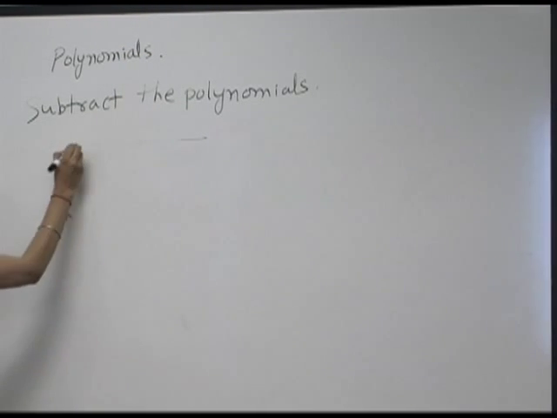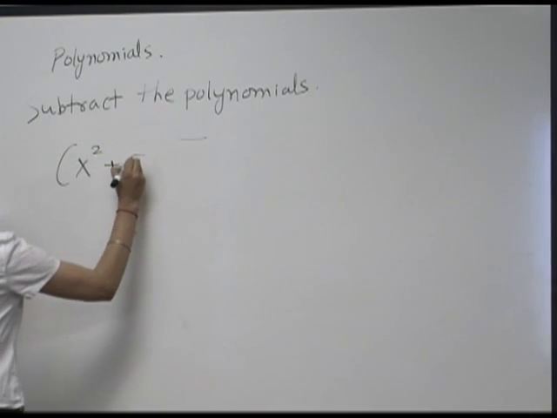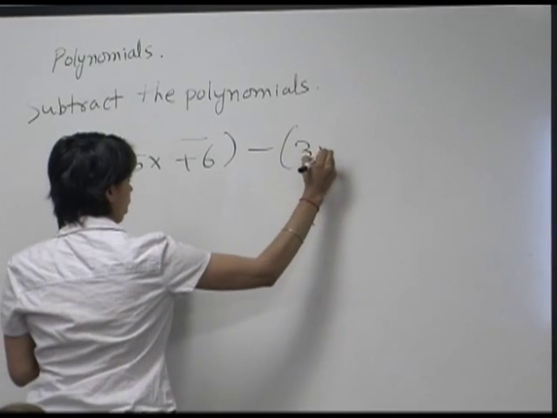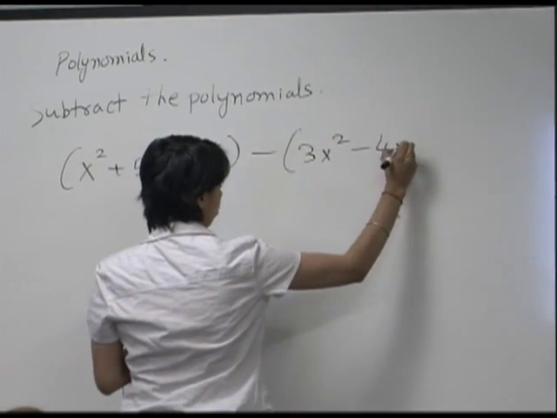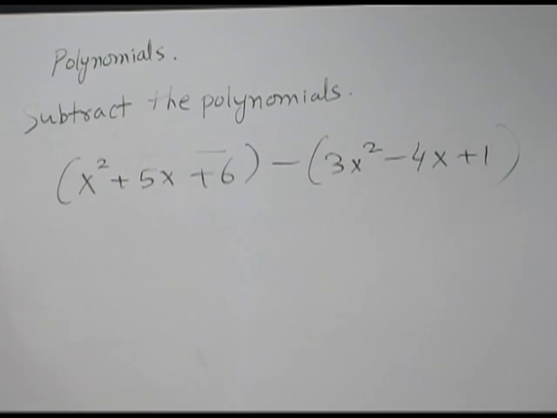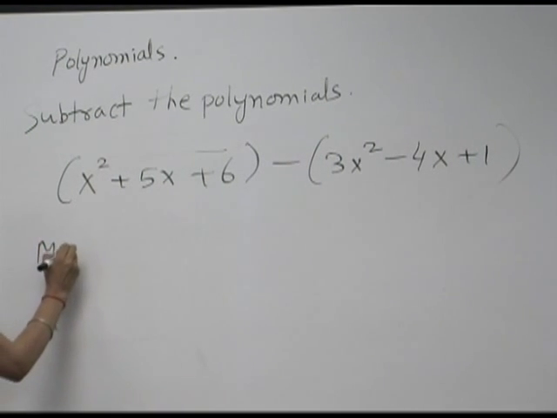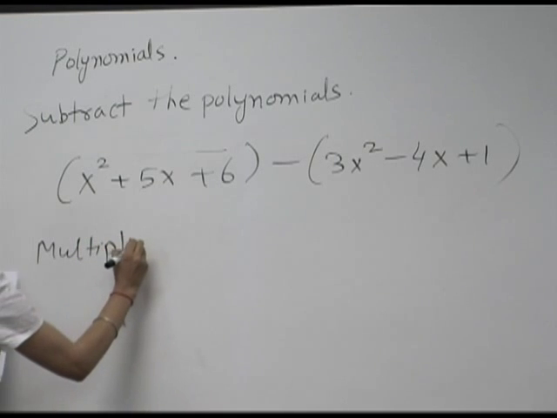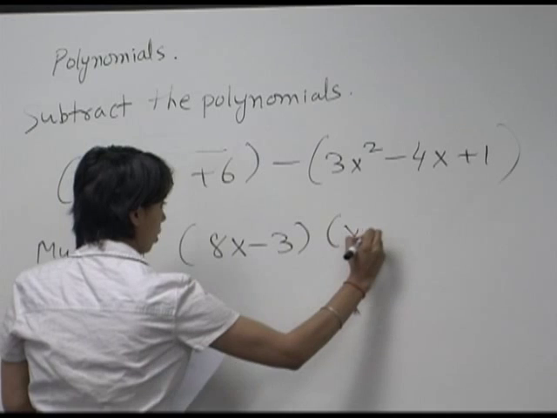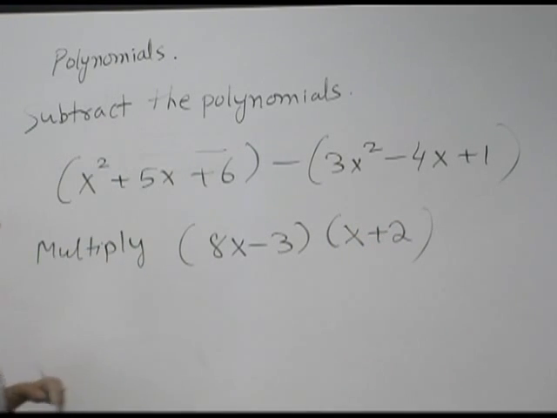First example is x squared plus 5x plus 6 minus (3x squared minus 4x plus 1). And the second example we're going to do is multiply (8x minus 3) times (x plus 2). So these are the two problems we're going to do.